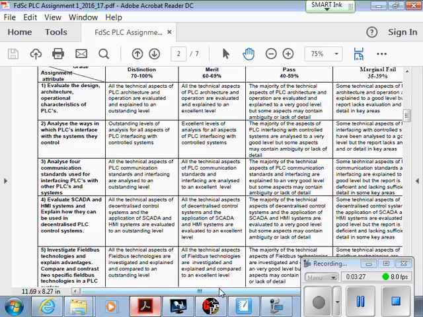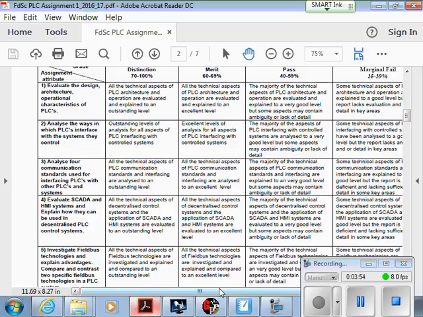Then if you look across those, you can see how you get a particular level. If we look along the second line on analysing the ways in which PLCs interface, the top level reads: outstanding levels of analysis for all aspects of PLC interfacing with control systems.